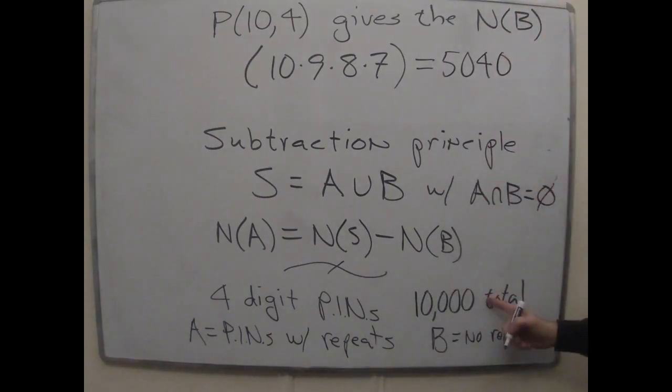So there's 10,000 in total, and there's 5,040 in B. We do this subtraction. I'm not sure why I need a calculator to subtract this. I probably should have just done it in my head. Is it 40, 60? Whoops. Oh, yeah, I would have got it wrong. It's 4960.